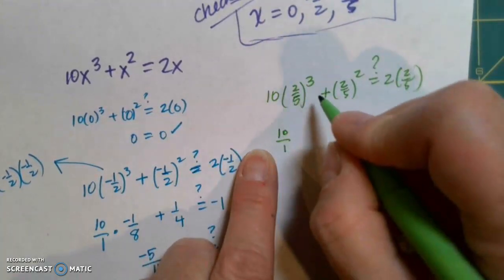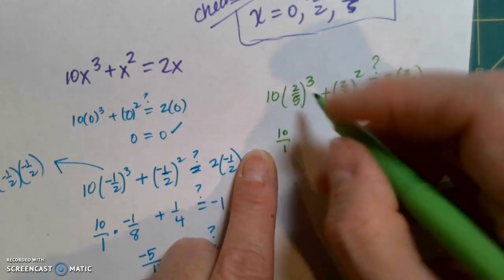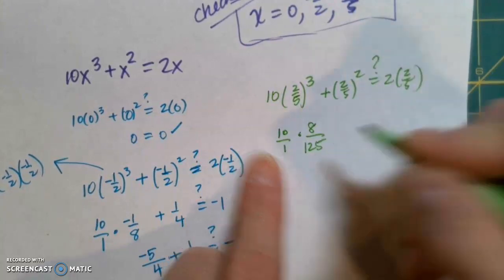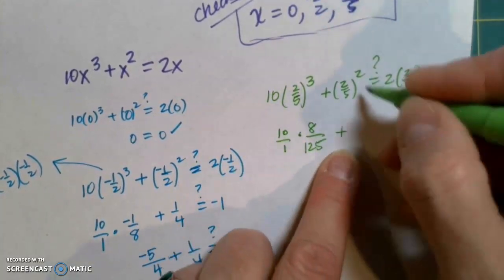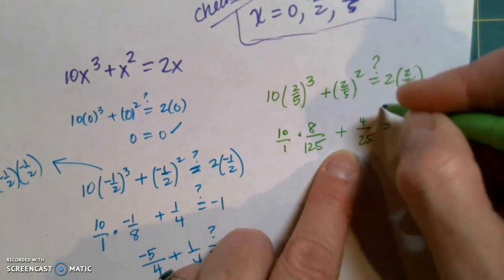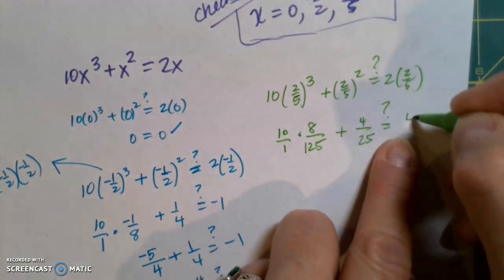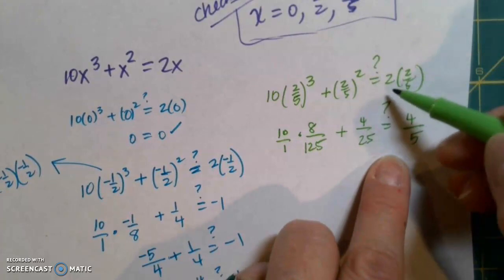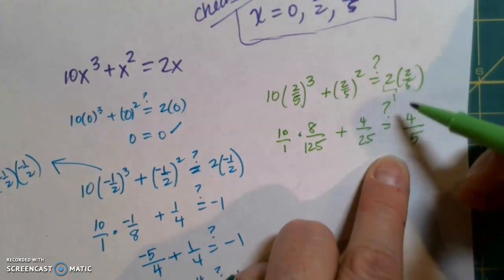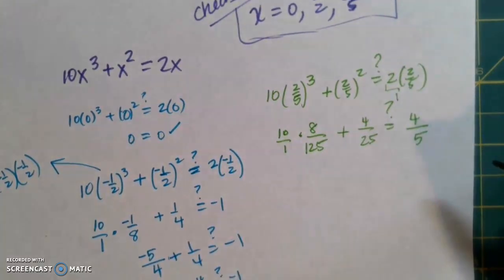Remember, you can cube each of these because it's division in there. So we've got 8 over 125. And then here we'd have 4/25. And we're checking to see, is that going to equal 4/5? Right, 2 times 2/5. Think about this being over 1, so 4/5 there.